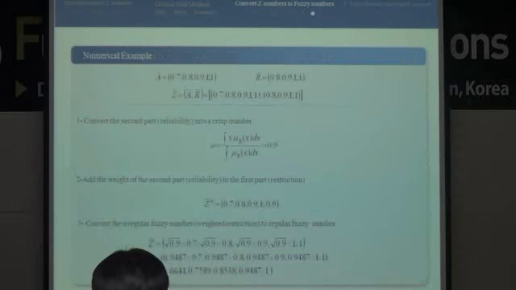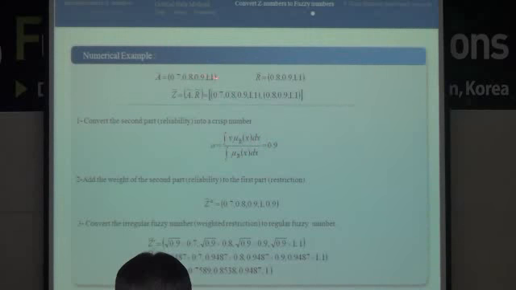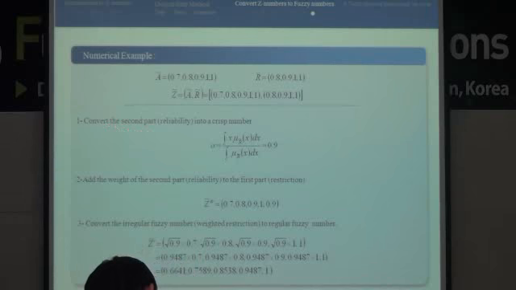As a numerical example, this is the first component of a Z number, and this is its reliability. We can convert the second part to a crisp number; its density function gives 0.9, and we can add its weight to the second part.